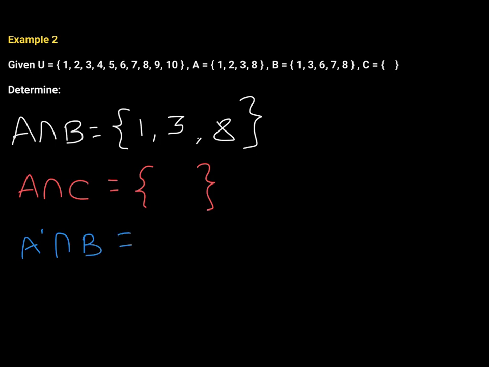All right, cool. Next, let's find the complement of A intersection B. Now the complement of A is not given to you, so we should probably find the complement of A really quickly.